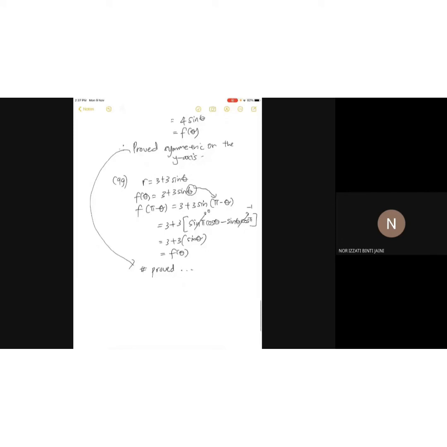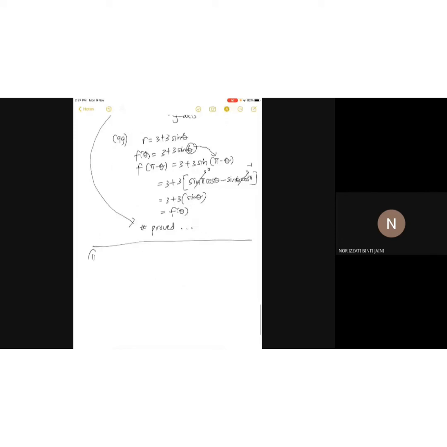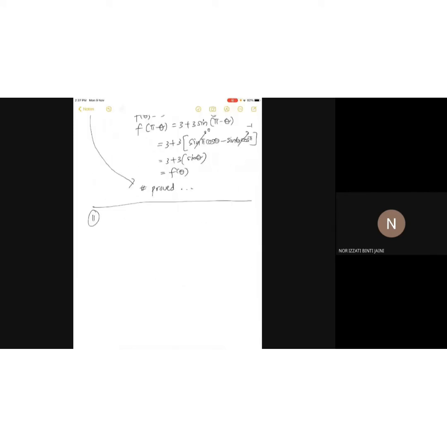Question 11. Use symmetric test to show that the curve in question 9, J and K are symmetric about x-axis pula. Okay, so if it's symmetric about x-axis, then the formula is f theta must be equals to f negative theta. So sama juga.